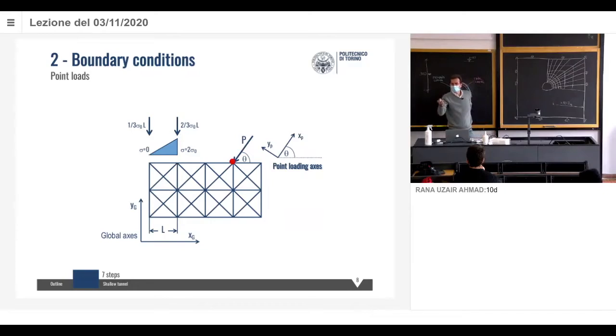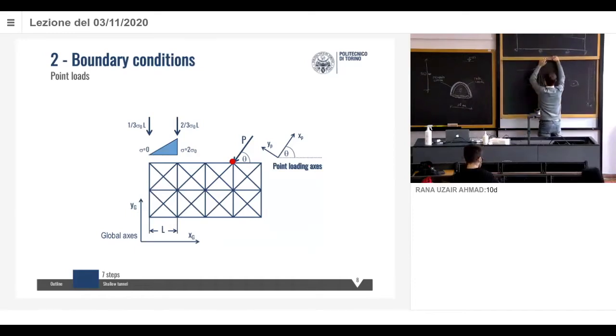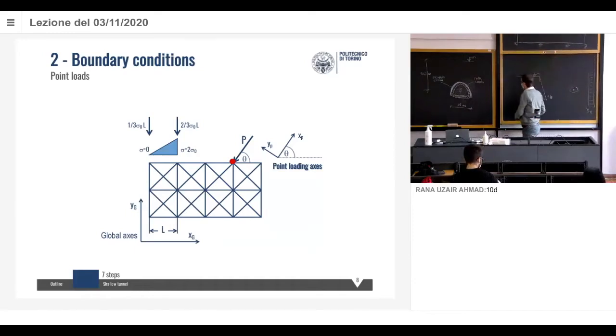When may we have a point force? Well, look, for example, this was a shallow tunnel. Let's say that here we have, continue on, then we have a diaphragm wall, okay, and then we have an anchor. You know what an anchor is?